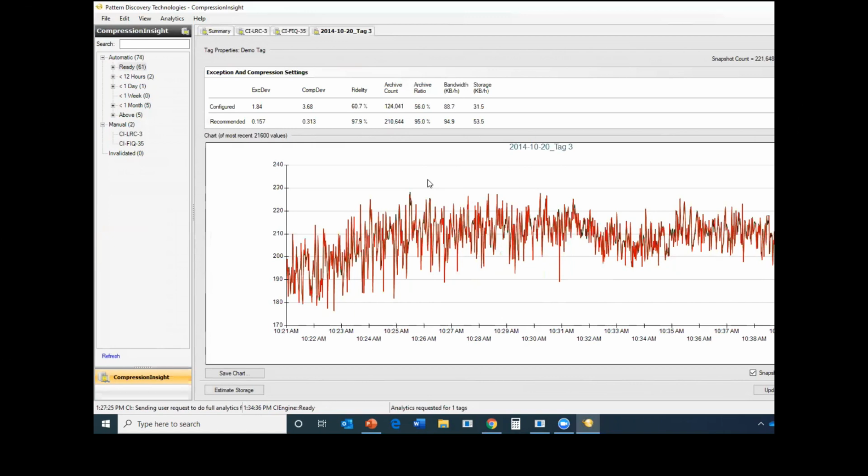Maybe it's reality, maybe this is just the way this signal is and what you expect. But you find a way to add value to people who are not necessarily subject matter experts and not incredibly technical on the process, and you give them the ability to say, here may be some issues you want to go look at.